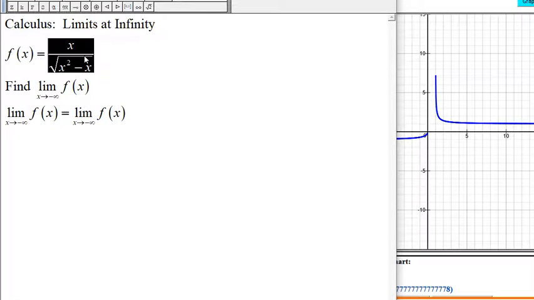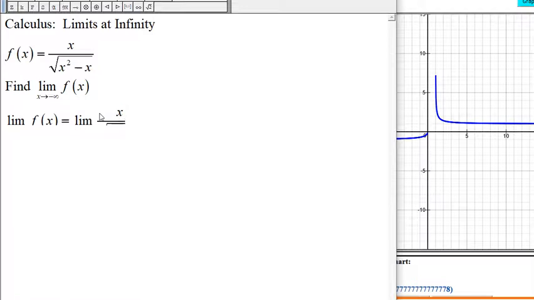So here we have this. To simplify this type of quotient, again, what we want to do is look at the denominator and find the term with the largest exponent. In this case, it's x squared, but it's inside the square root.